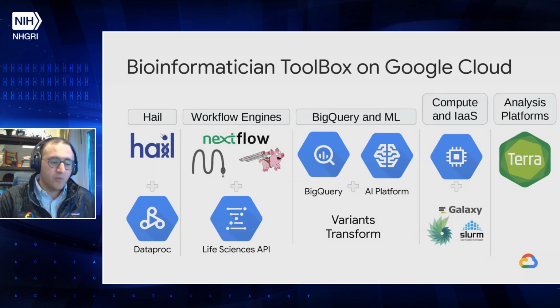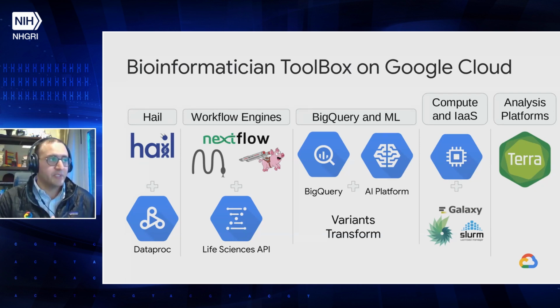Another thing is workflow engines. Many of our pipelines now use workflow engines such as Nextflow, Cromwell, or Snakemake. And at Google, we have actually built special APIs, the Life Sciences APIs, that integrate with these workflow engines and allow them to run smoothly and make such a deployment quite easy to do for anyone with very little cloud background and technical knowledge.